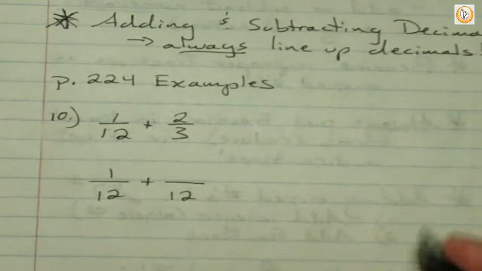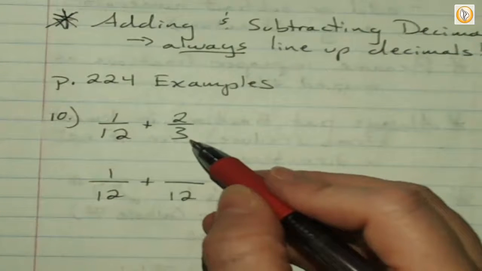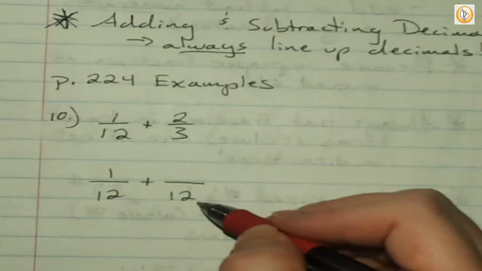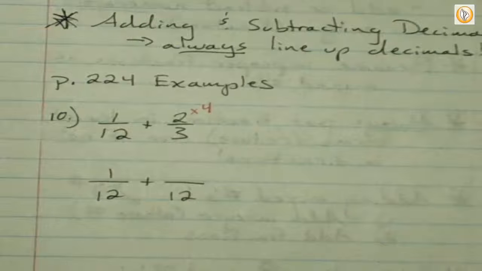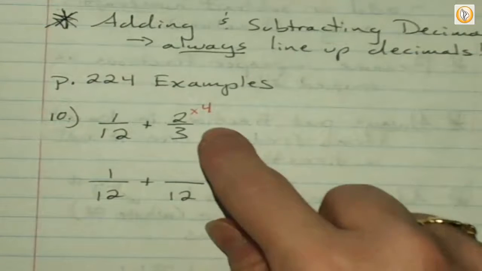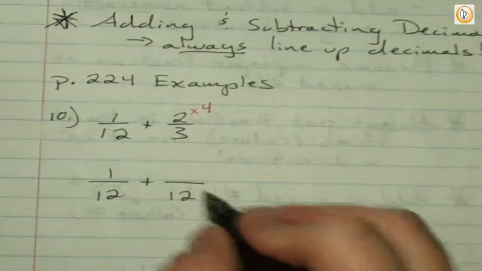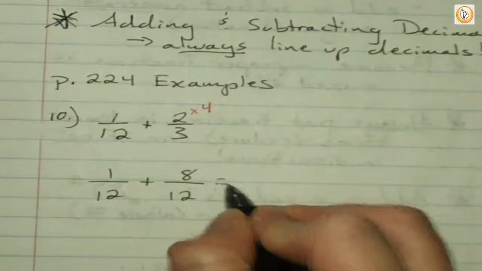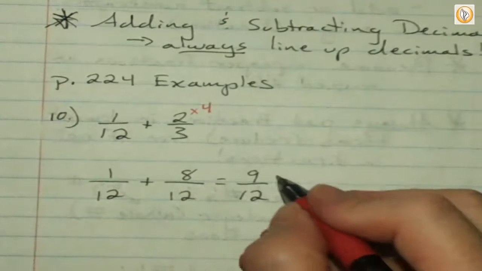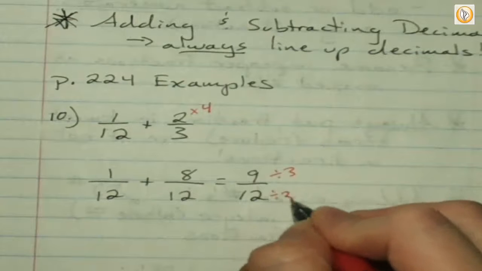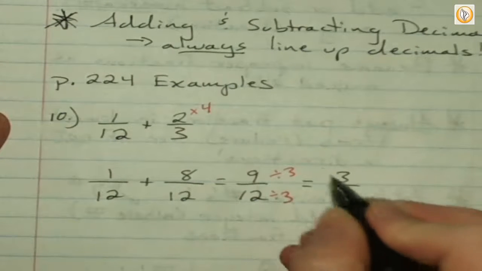Since 3 goes into 12 four times, we multiply 2 by 4, because if we change the denominator, we have to change the numerator. So 2 times 4 is 8, and now 9 over 12. And then you would reduce it, so we have a number that can go into both, and you get 3 over 4.